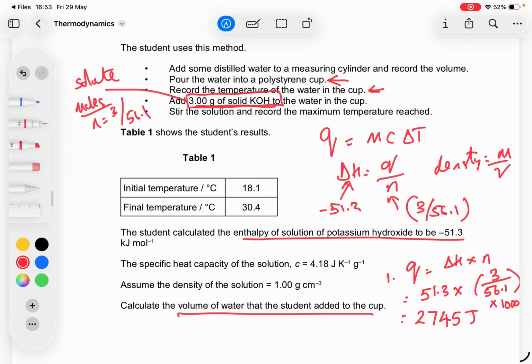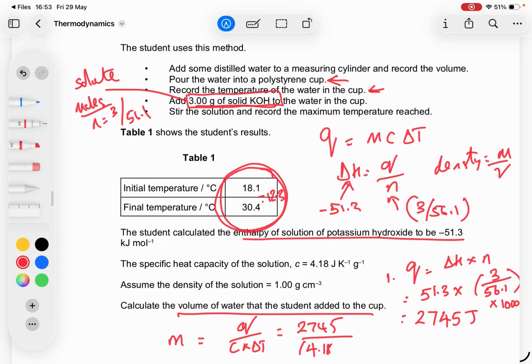Then using Q equals mc delta T, m equals Q over c times delta T, which is 2745. Delta T is 30.4 minus 18.1, which is 12.3. And 4.18 is your heat capacity.